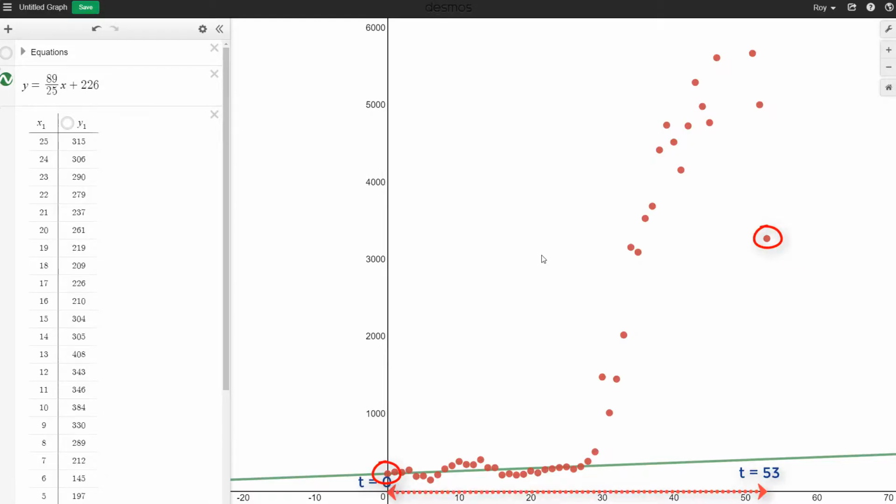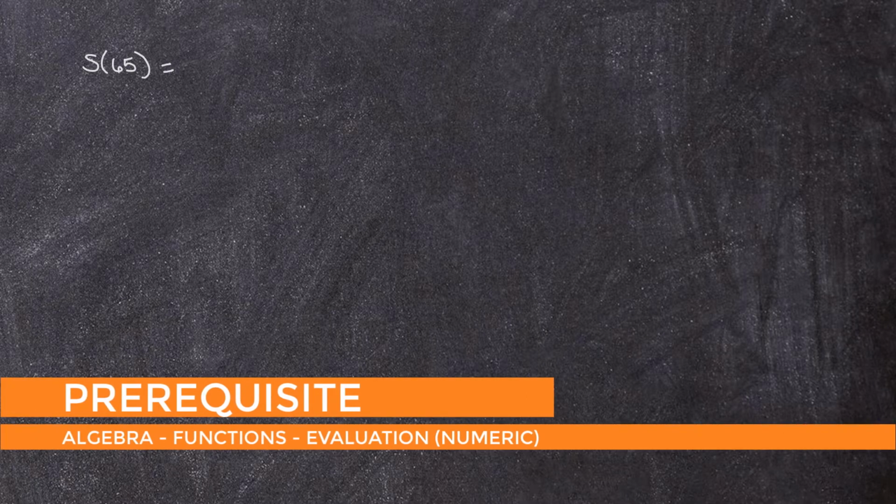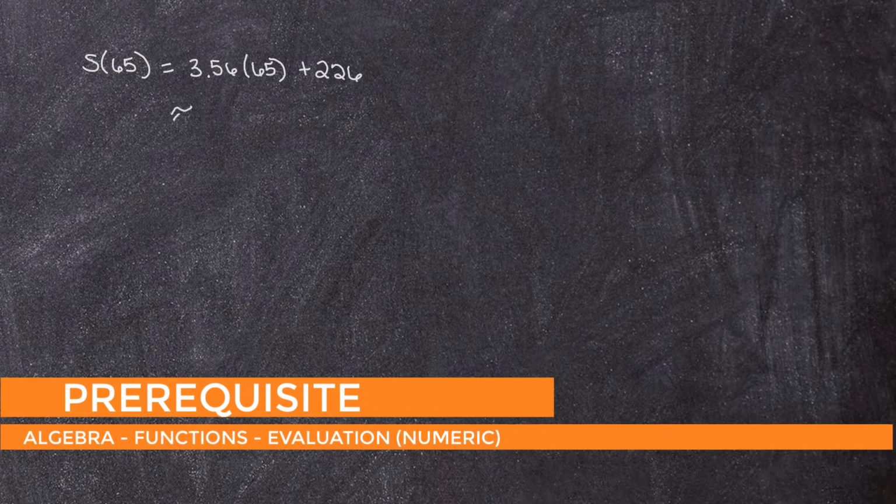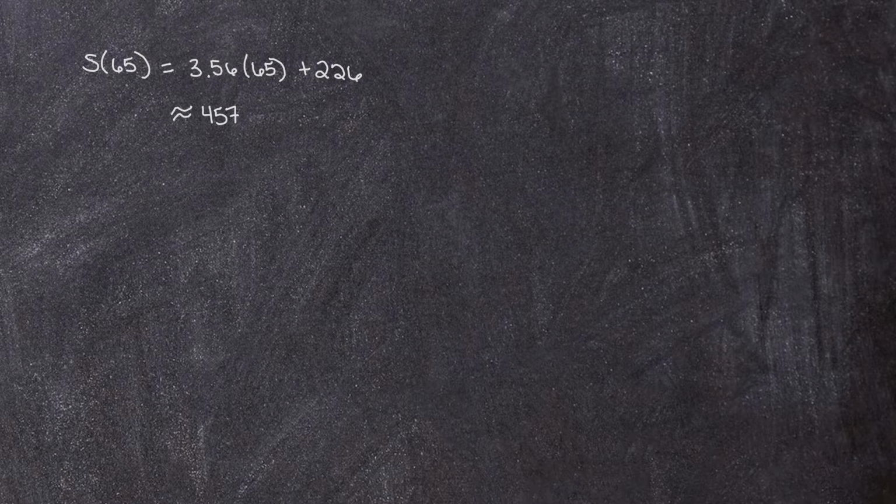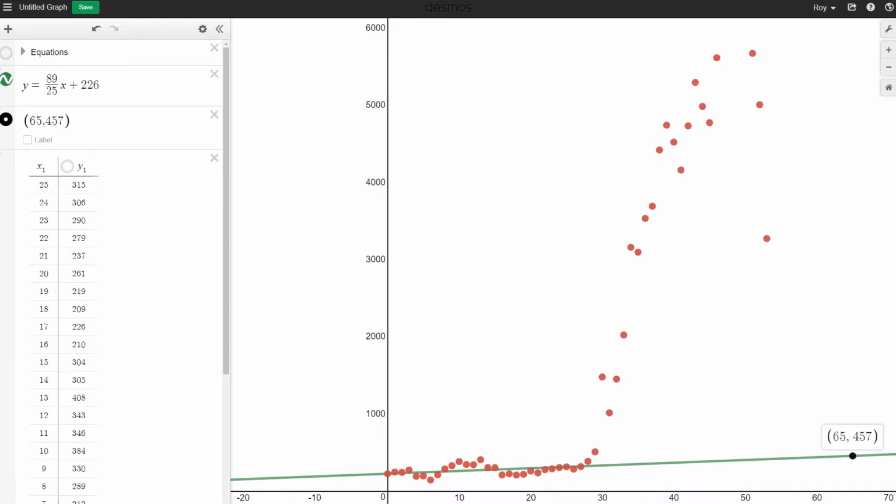This year was not within our original dataset, so we use our function to extrapolate the number of UFO sightings in 2030. A simple computation using our function gives that S of 65 is roughly equal to 457. As mentioned earlier, this is likely not realistic because our model breaks down severely after 1990. And you can see that in the data.